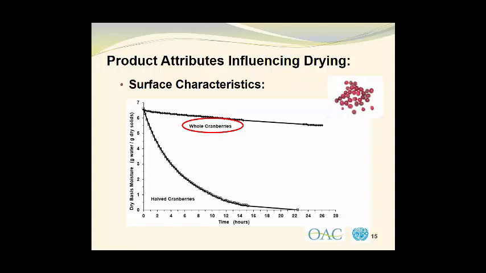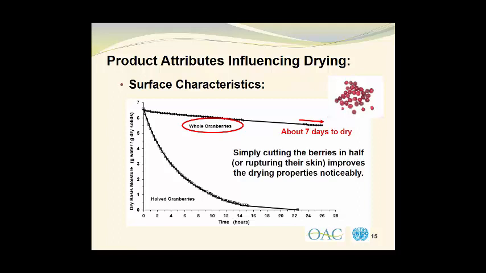So once again, the slope of this curve is very shallow, and it will actually take about 7 days to dry these whole cranberries down to the desired final moisture content of about 10%. And of course, the berries tend to deteriorate after a prolonged period of time at 50 degrees Celsius in the dryer, so this is totally an unacceptable way of removing moisture.